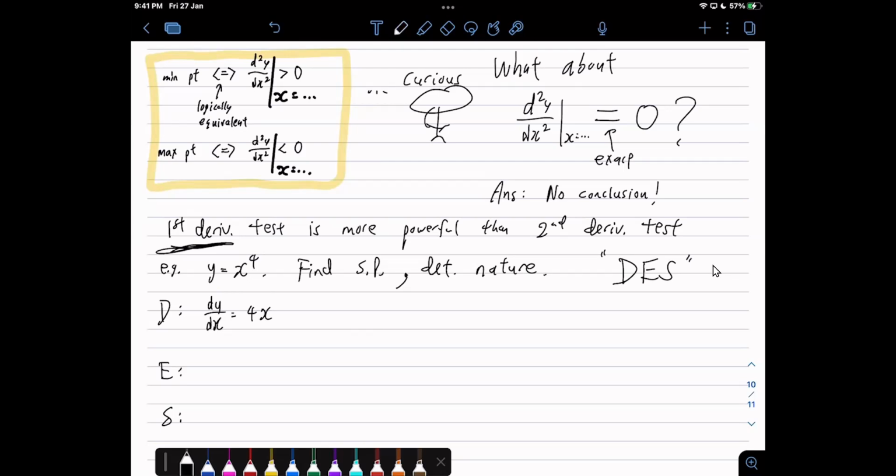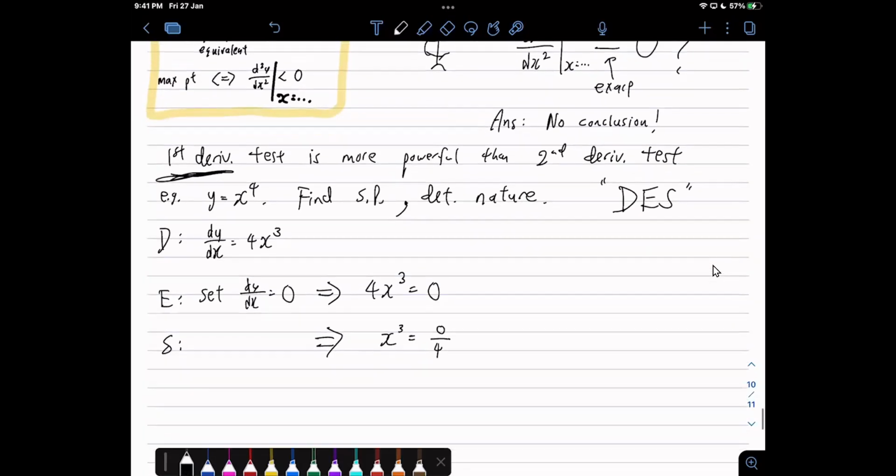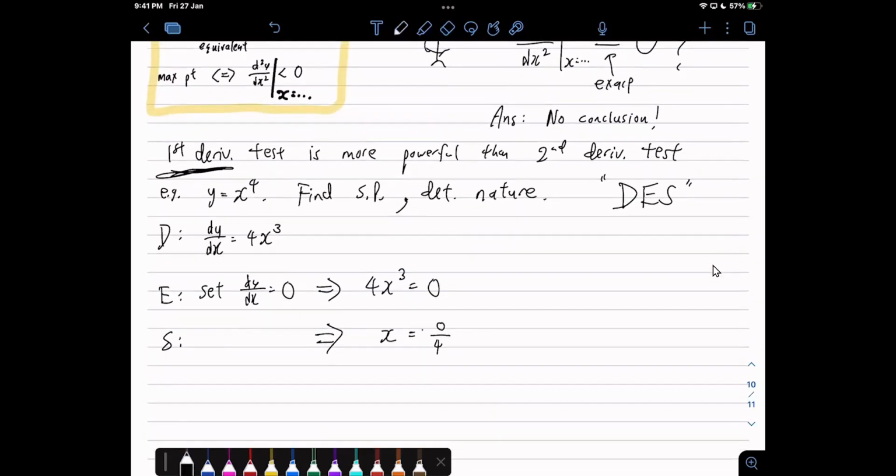For x to the power 4, differentiate: 4x to the power 3. Then set dy by dx equals 0, which implies 4x cubed equals 0. Then x cubed equals 0 over 4. You take the cube root of 0 over 4, which is just 0. X equals 0.